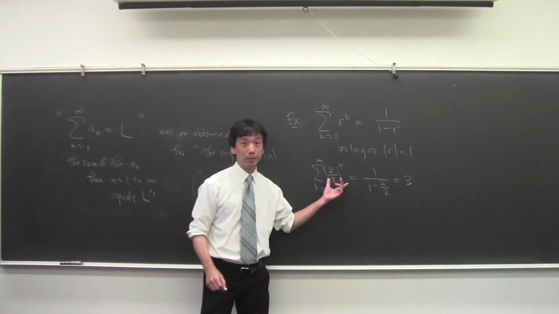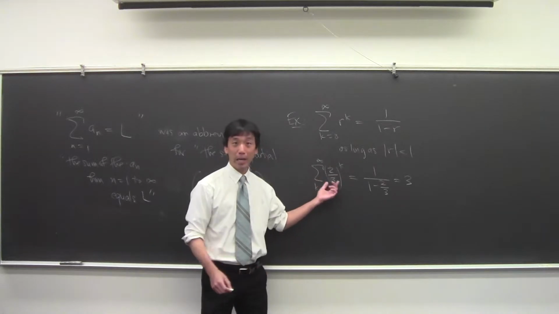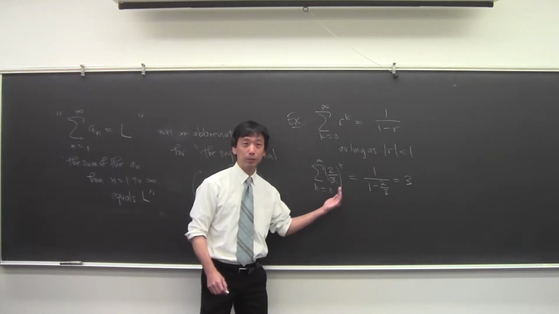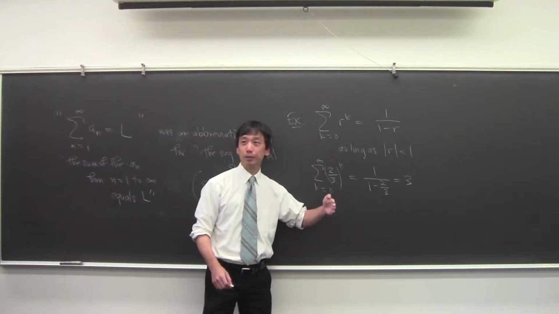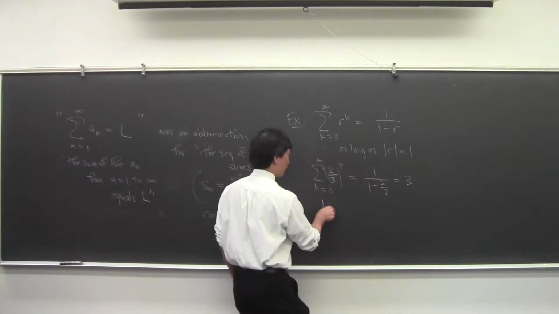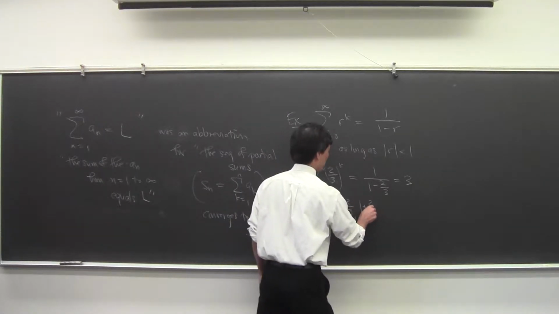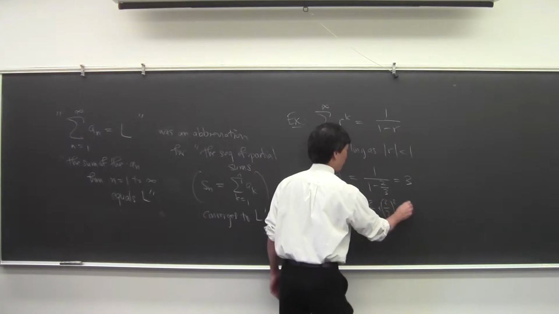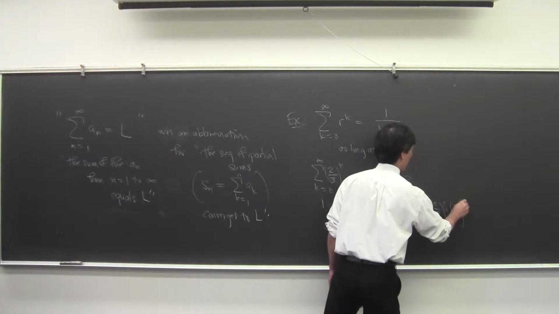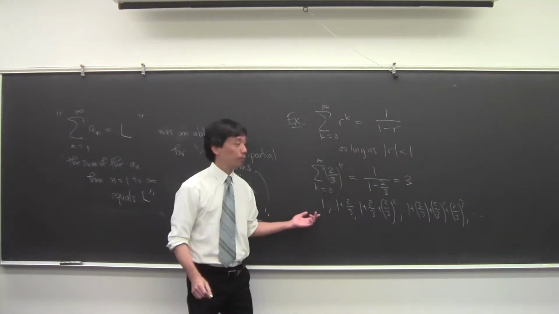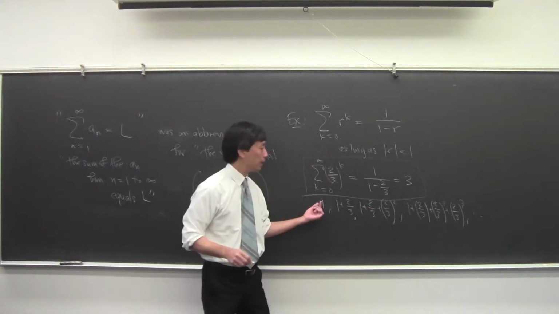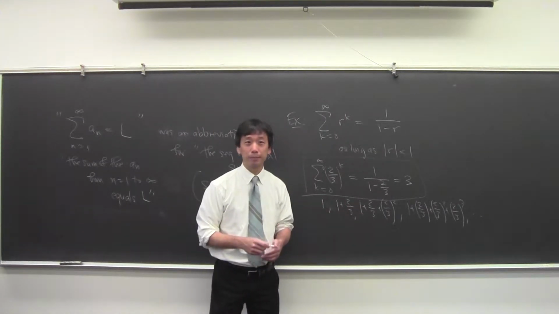If I say this, I don't mean that you somehow add up all these powers of 2/3 simultaneously, but rather that you look at the sequence of partial sums and see what that tends to. You look at 1 plus 2/3, 1 plus 2/3 plus 2/3 squared, 1 plus 2/3 plus 2/3 squared plus 2/3 cubed, etc., and that sequence of partial sums tends to 3.